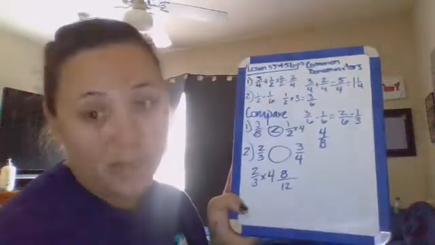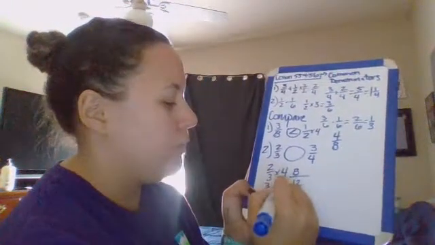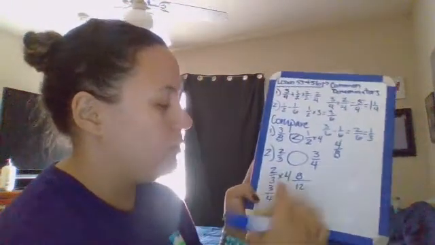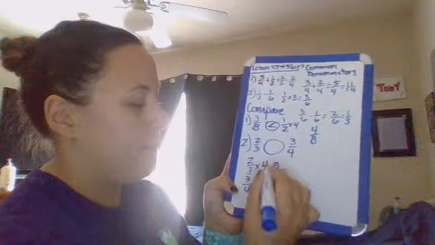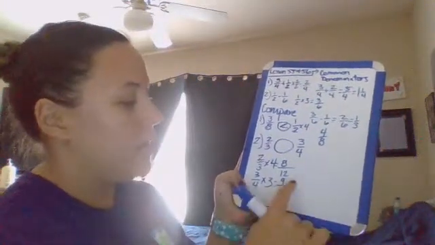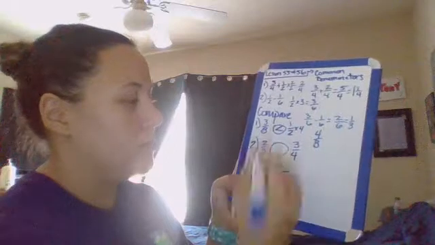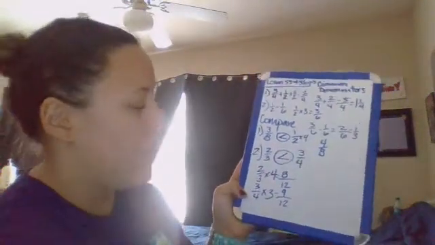So our new fraction there is 8/12. And then we have the 3/4. We're going to multiply by 3 because we multiplied 4 by 3 originally to get our denominator of 12. And then 3 times 3 is 9. So our new fractions are 8/12 and 9/12. 9/12 is greater than 8/12. So it went the same way.